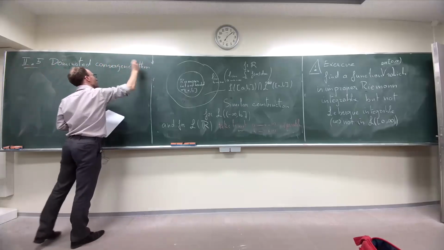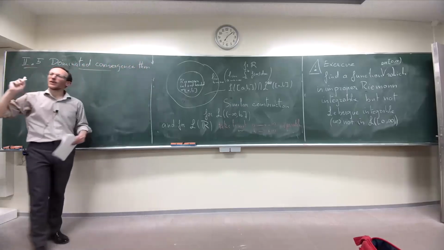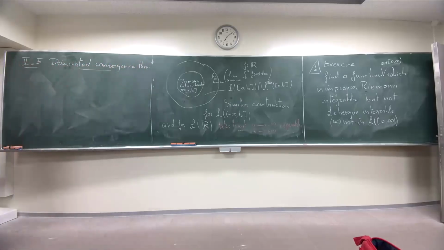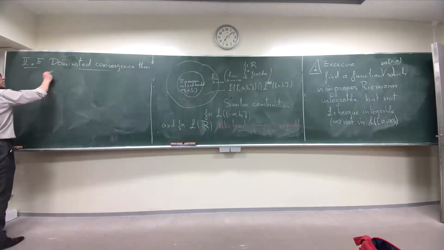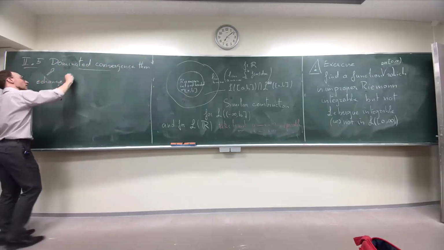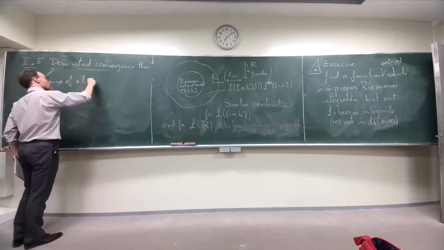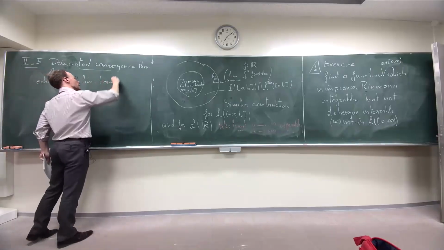In fact, I'm pretty sure that you have used it without knowing this theorem, because you have done some computations which were not justified, but we are going to justify them. So you should think about this exchange of a limit and an integral.